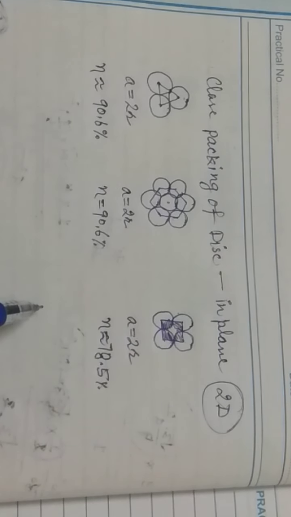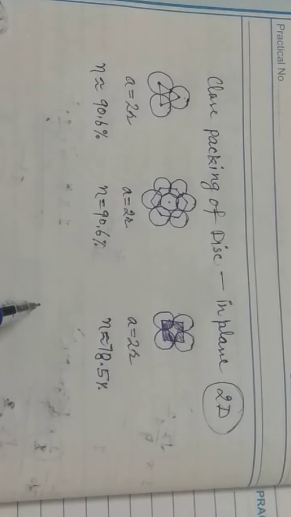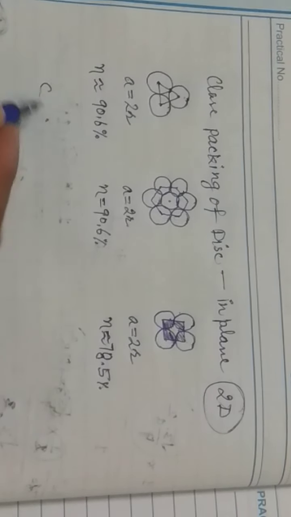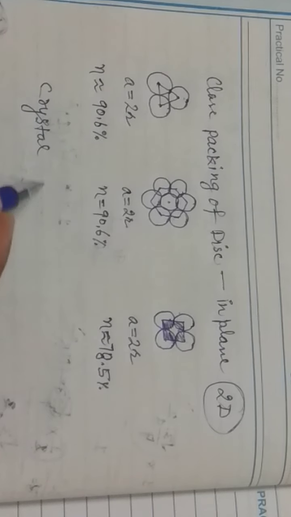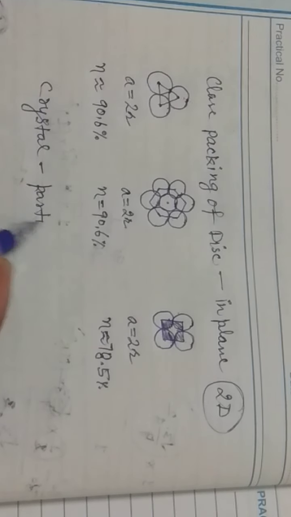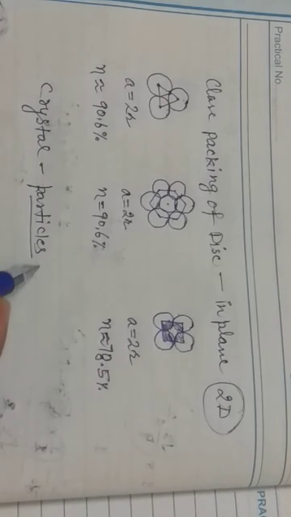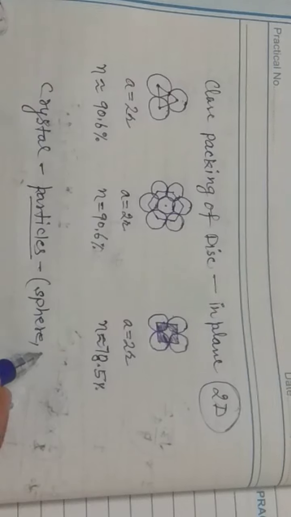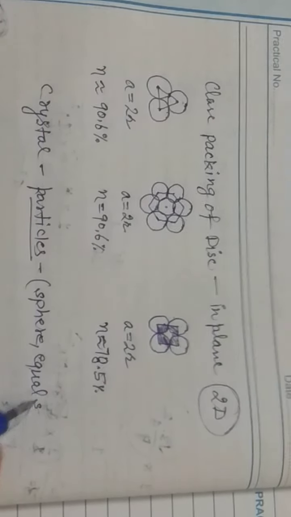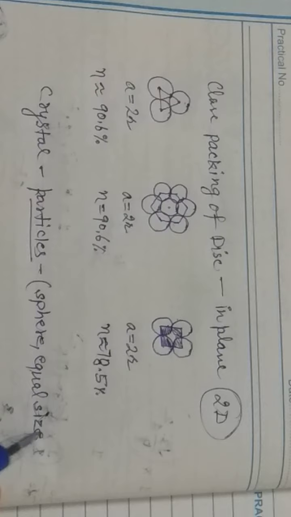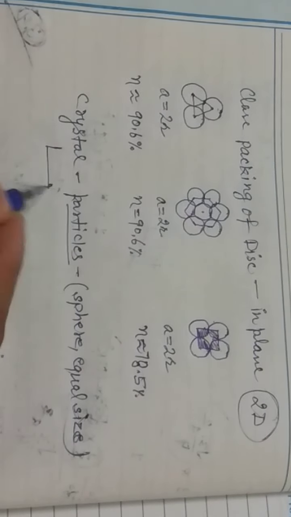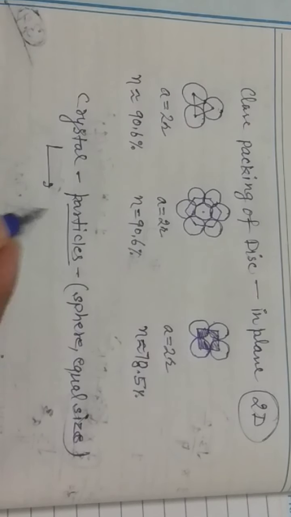So from this two-dimensional arrangement, so plane is in 2D and disc is a two-dimensional structure, from here you can take idea of how particles which are spheres of equal size can be arranged in a crystal which is made up of different planes.